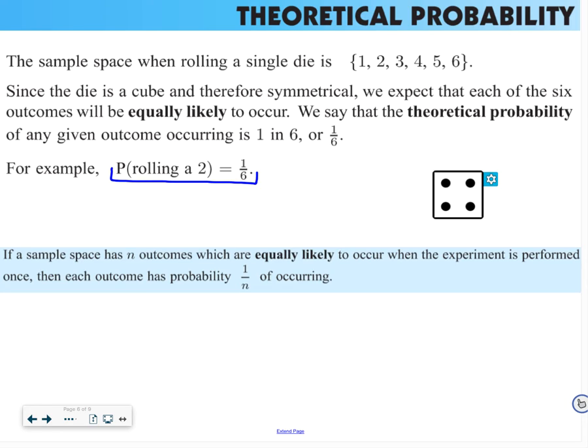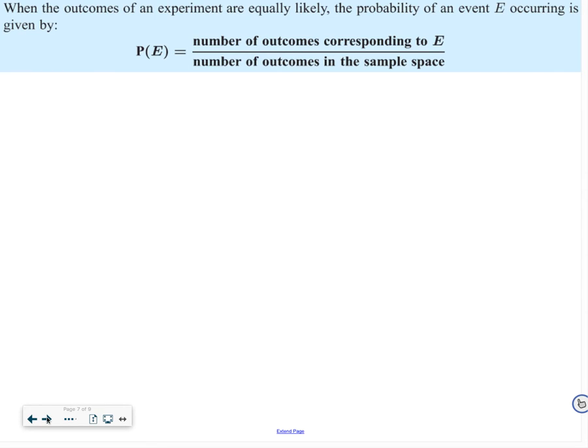Okay, so we've talked about experiments, but now we're really going to look at theoretical probabilities. If the sample space has n outcomes which are equally likely to occur when the experiment is performed once, then each outcome has a 1 over n chance of occurring. So if you have 6 sides of a die and each one's just as likely, you get 1 out of 6 occurring. So let's look at how we can explain this a little bit more.